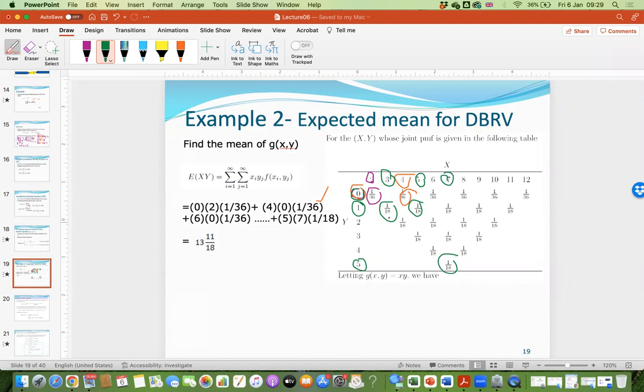You have to calculate them all in order to get the mean. Yeah, this is the way to find the mean for the joint probability distribution.